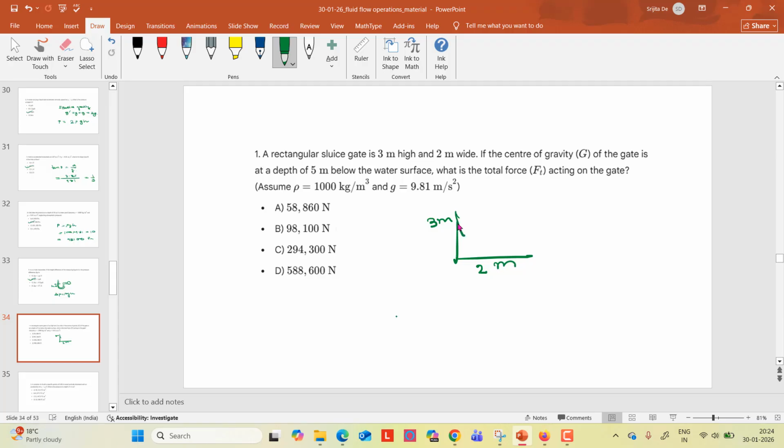If the center of gravity G of the gate is at a depth of 5 meter below the water surface, what is the total force F_t acting on the gate?